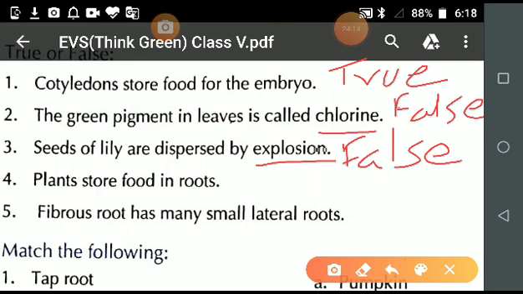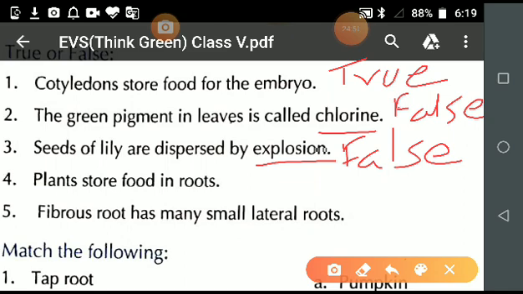Now student, the next question. Plants store food in roots. Now student, when I explained the function of roots: roots attach the plant to the ground. Roots absorb water and nutrients from the soil because nutrients are present in the soil.